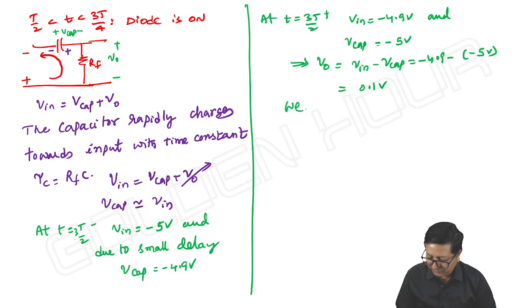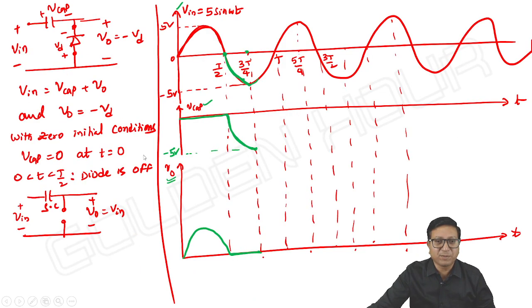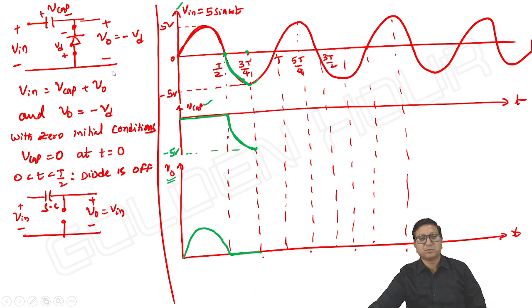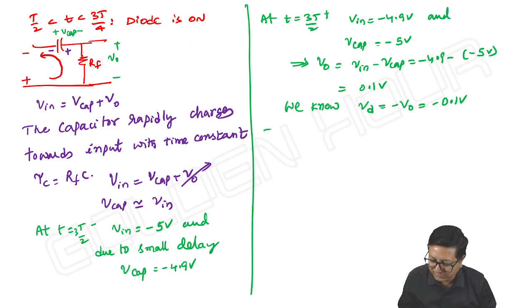So VD is equal to minus 0.1 volt. VD means anode to cathode voltage is negative. Here V output is taken from cathode to anode. So cathode to anode voltage is positive, means anode to cathode voltage is negative. Immediately the diode becomes off.